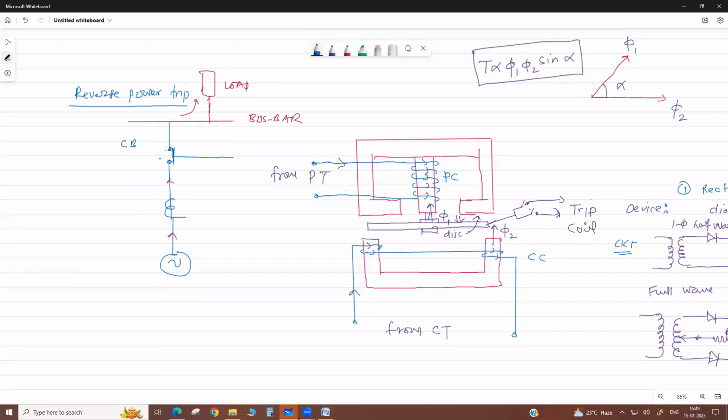Now this is the circuit breaker, and there is a trip coil. In the trip coil there is a battery supply, auxiliary supply.